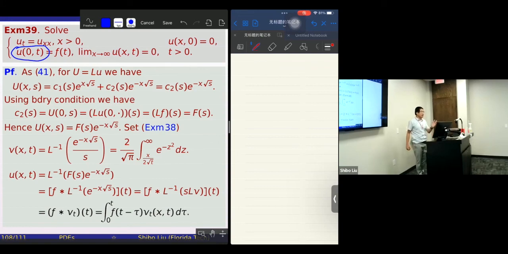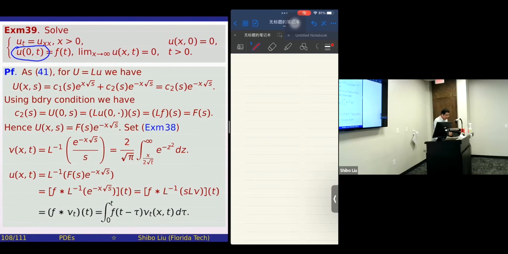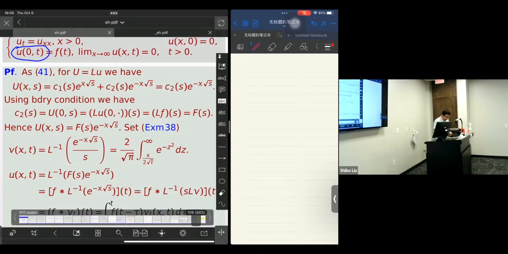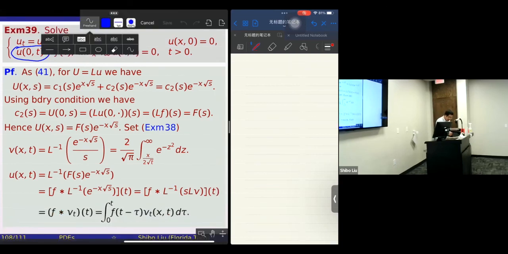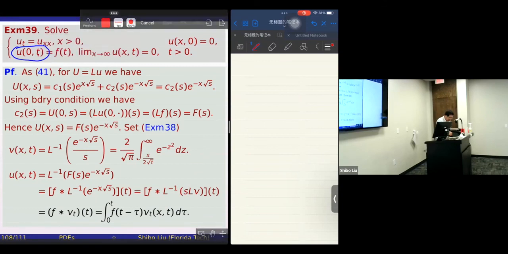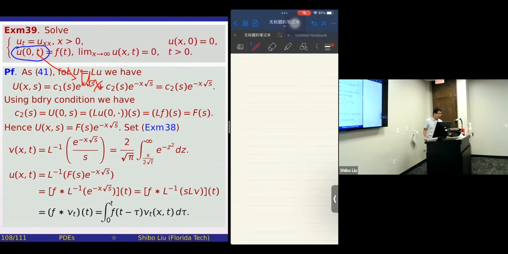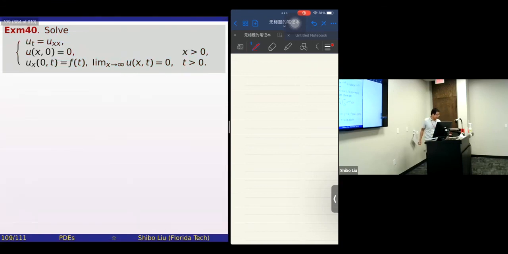The temperature varies in time t, depending on t. This is the prescribed temperature at the left end point of the rod. But in the next example, instead of u here, we impose u_x, a Neumann type of boundary condition. That is our next example.